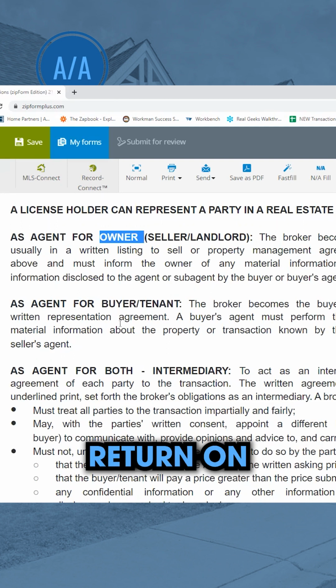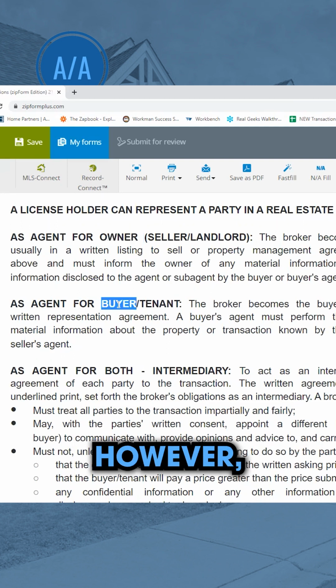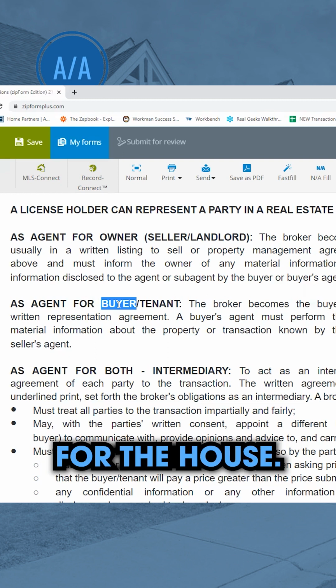To get them the best return on their investment. However, the shoe is on the other foot when we represent a buyer or a tenant. Now we are going to look out for their best interest, which generally speaking is not paying the most money for the house.